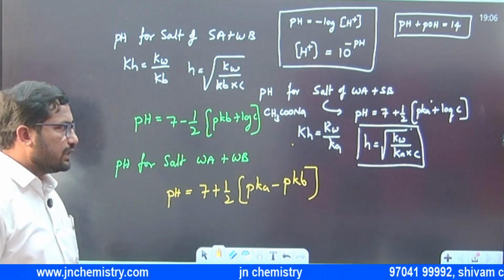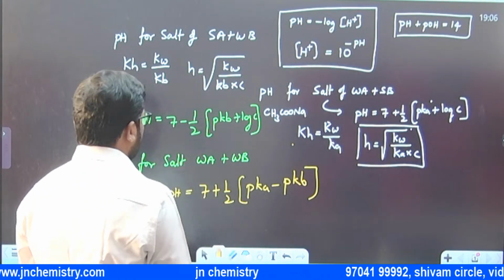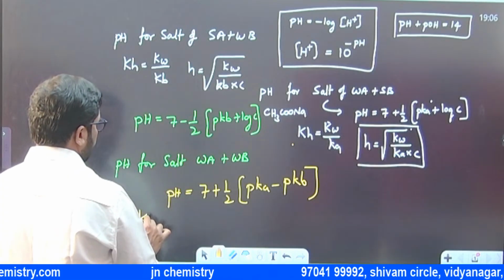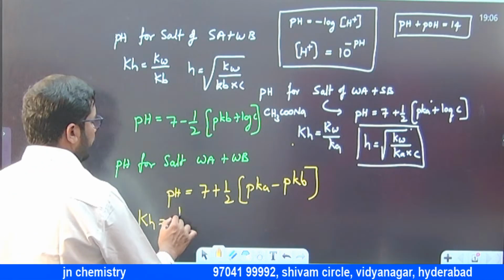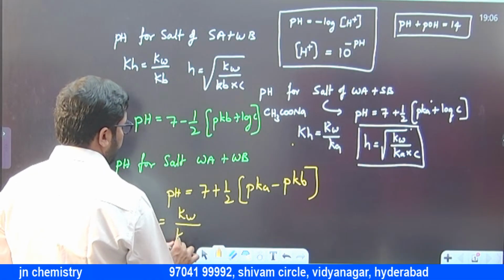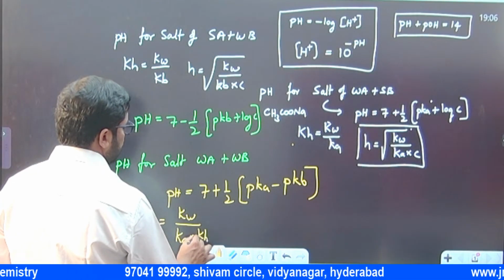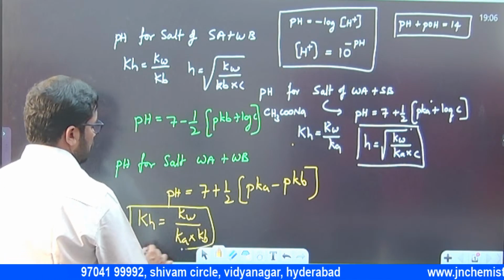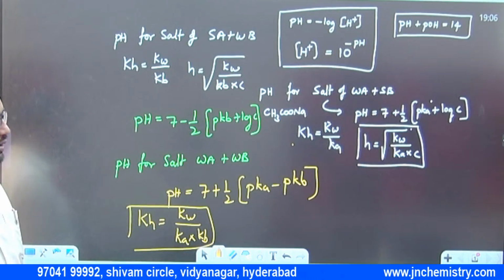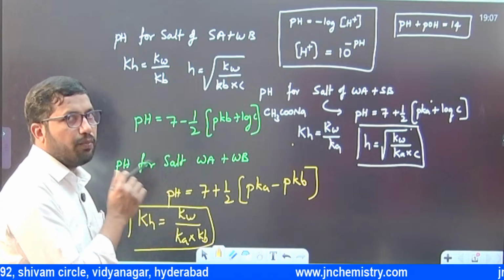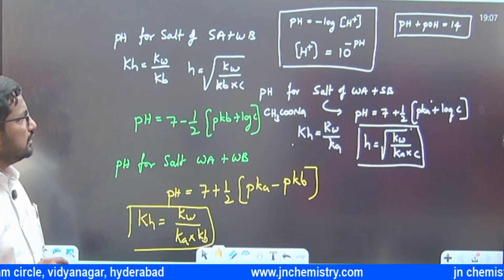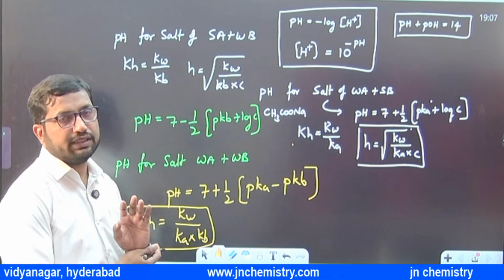So generally for weak acid and weak base, Kh is equal to Kw by Ka into Kb. h is under root Kh, meaning this is in the opposite direction. So these are the things which we discussed.